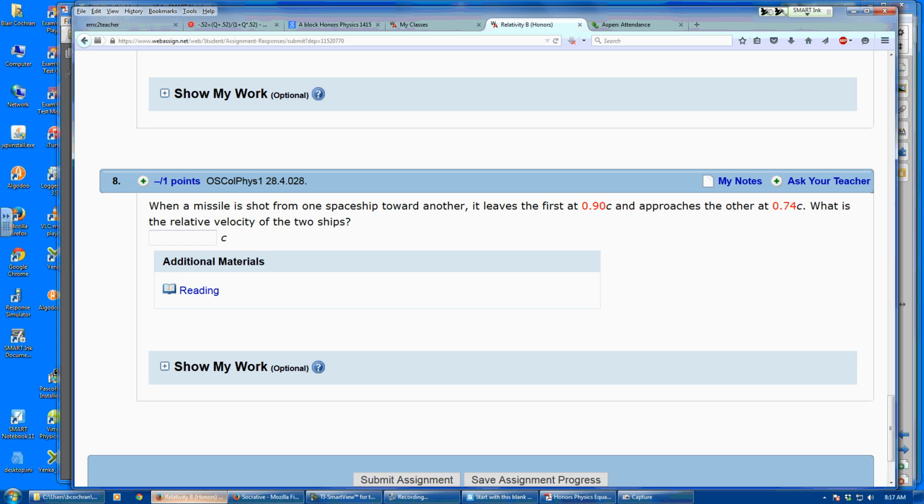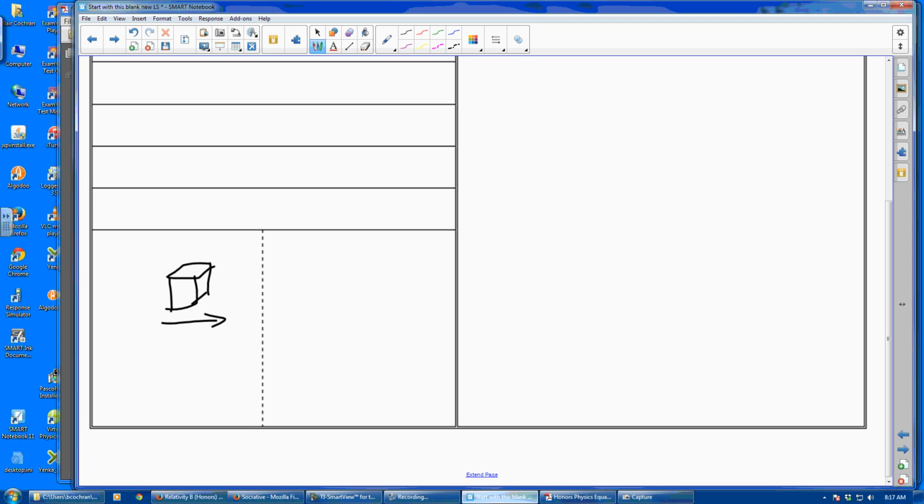Yeah, so they don't say. So what do we want to say? We'll make the other ship a circle ship. Do we think they're moving towards each other, or like one's chasing the other? We'll do chasing. Okay. And this will be our square ship and our circle ship, and then we have the missile here.